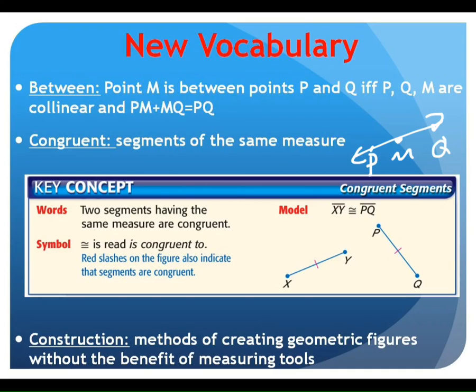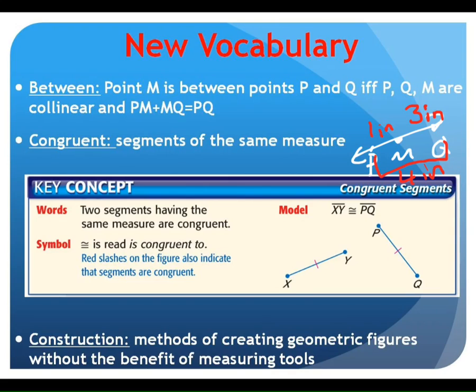It's a short way to, instead of writing if and only if, it's just IFF. If and only if P, Q, and M are collinear, which they are in my figure, and if you add whatever PM is plus MQ, it's equal to the whole thing. Okay? Point M's between those, so if you add this little piece, which say I called it 1 inch, and add this little piece, which I called maybe 3 inches, the whole thing would be 4 inches.